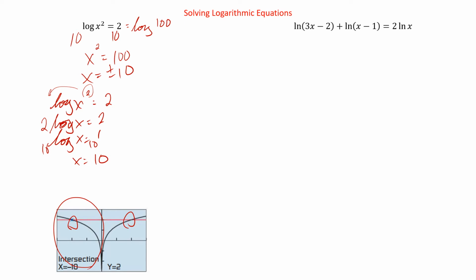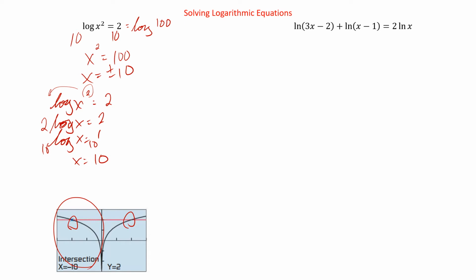Another one, a little bit bigger one. For this one, if we can get a log of something equals a log of something, then we can use that property we saw on that last page, where the two somethings have to be equal. So we can use our log properties.